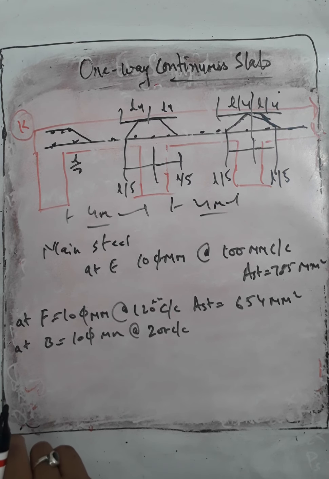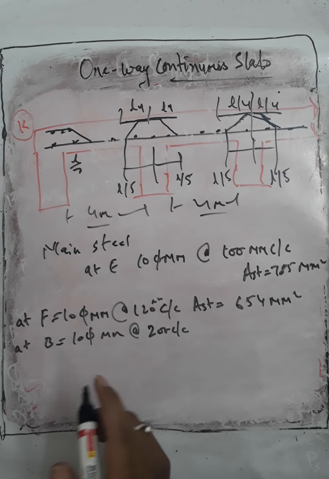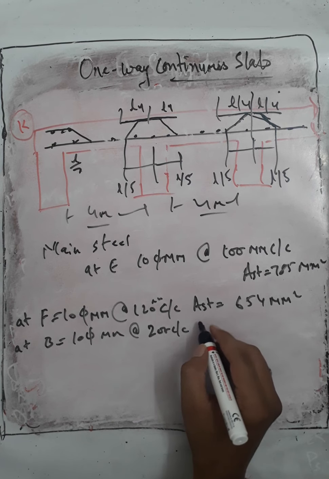Center to center distance at B, how much we find, center to center distance at B is 450 mm. So here we provided different spacing because at B we have different reinforcement.